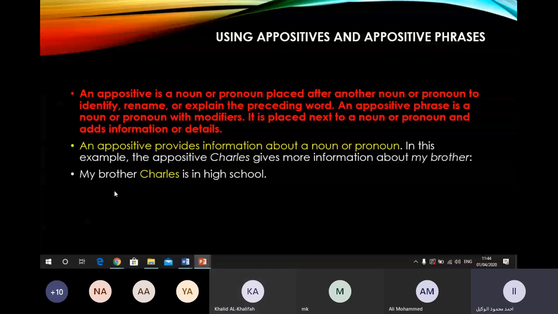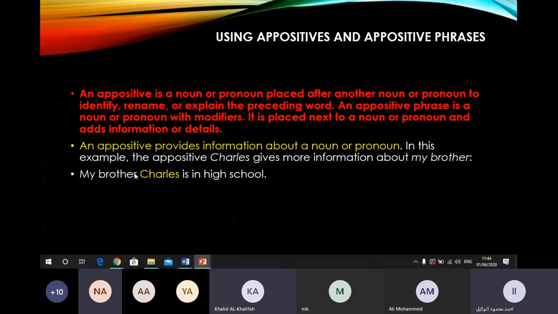You have here a noun, which is my brother, and you have the verb is and the prepositional phrase in high school. But when you added Charles into the sentence and said my brother Charles, you have a noun, and after the noun, you have another noun. But this noun identifies the one before it, or refers to the one before it.